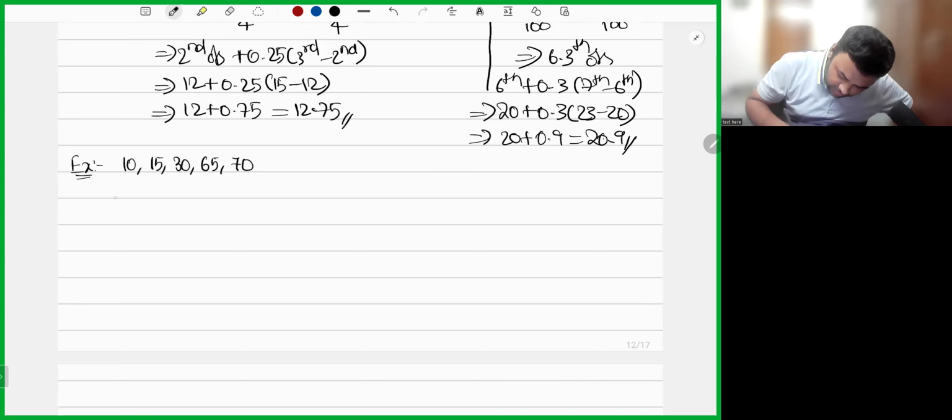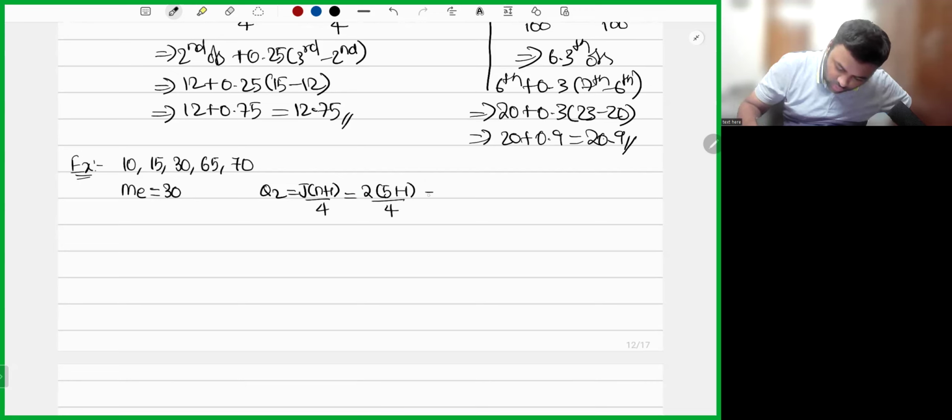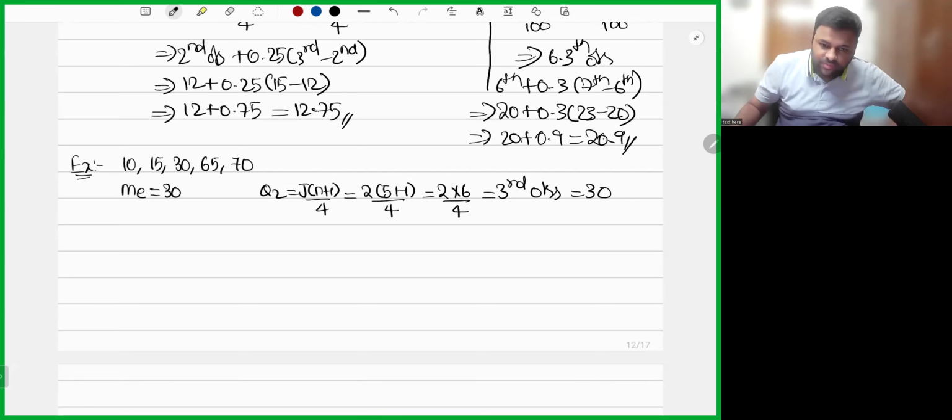What is the median here? Median is the mid value, 30. What is quartile 2? j into n plus 1 by 4, that is 2 into 5 plus 1 by 4, 2 into 6 by 4, which is equal to the third observation, which is 30.